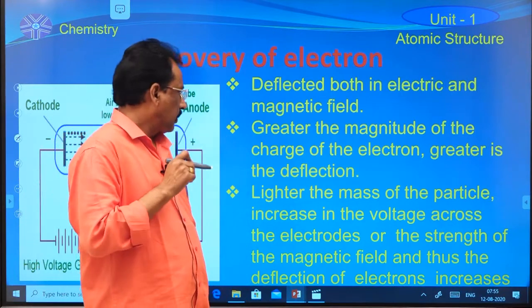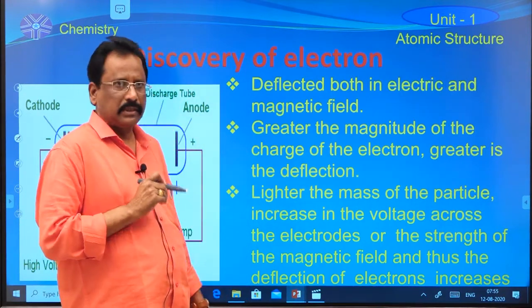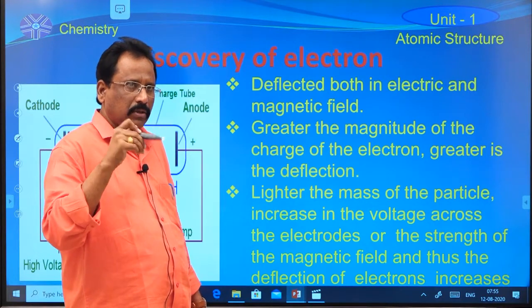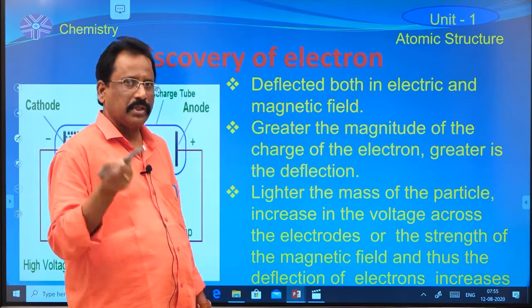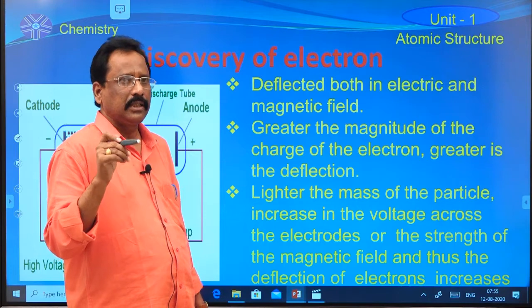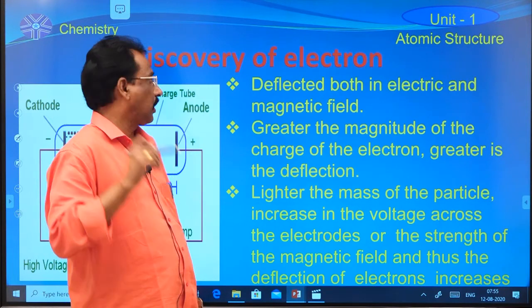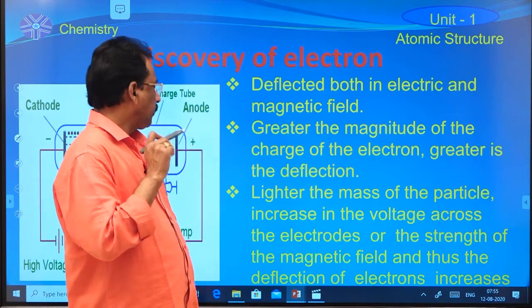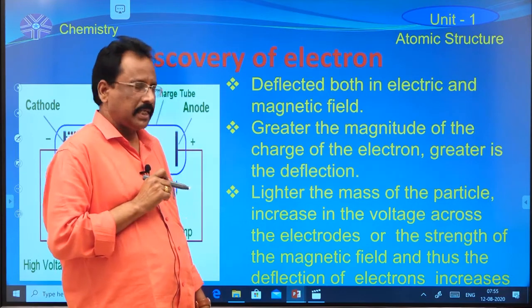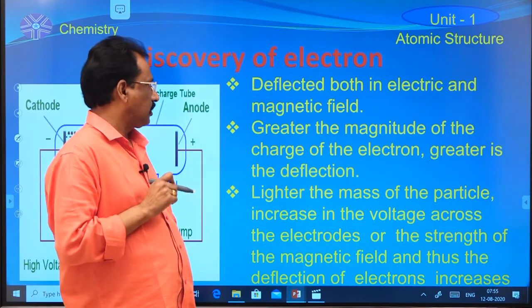These cathode rays consist of particles that possess negative charge, so these particles are known as electrons. The very important point in this experiment is that they are negatively charged particles.